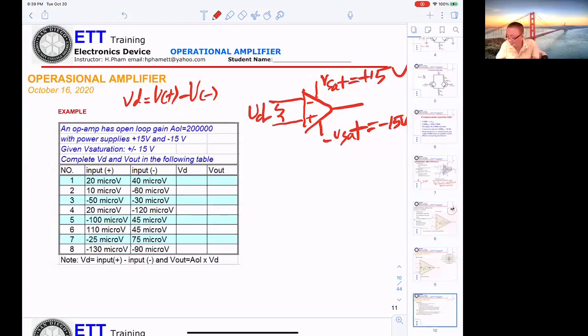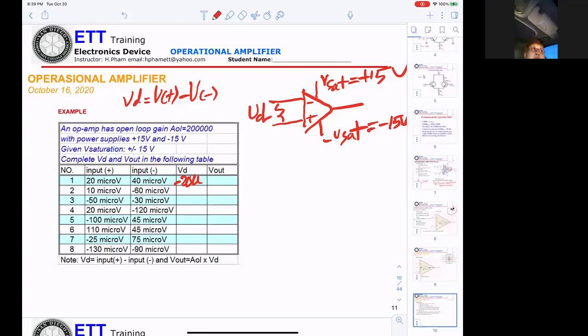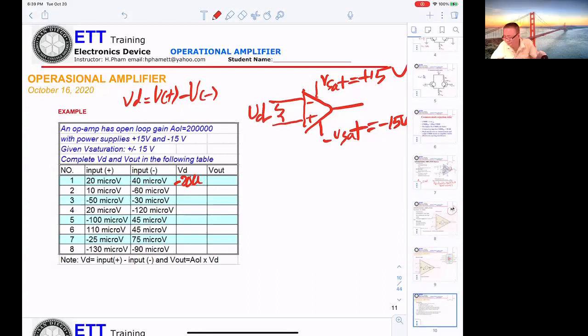You have to get the minus completely. Number 2, what is VD? 70. You get minus 50 minus 20, that's minus 70.